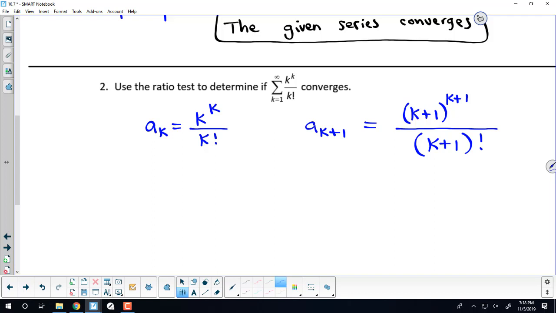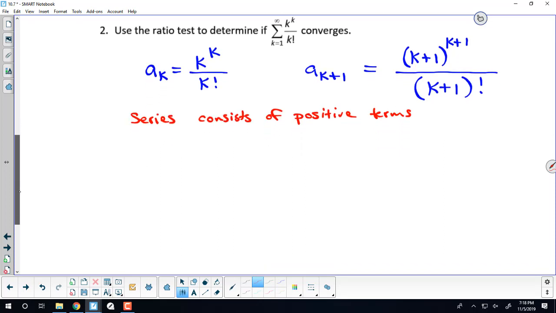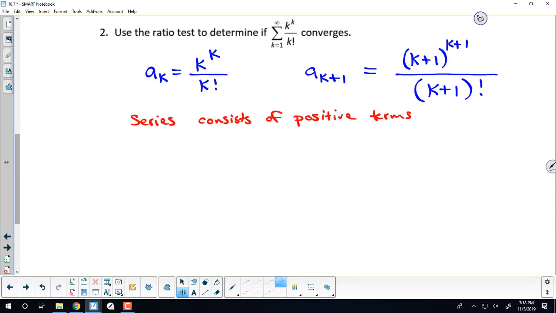So we'll just note here that the series consists of positive terms. So we don't necessarily need to put the absolute value, but it's definitely worth remembering that the test does involve the absolute value.